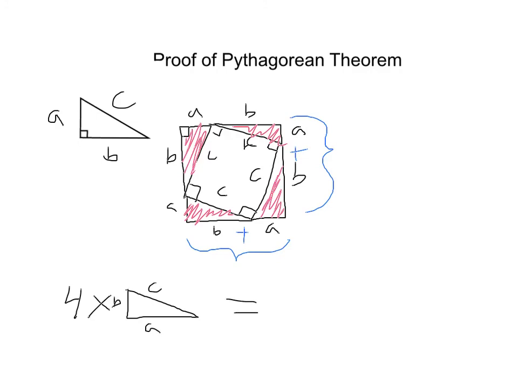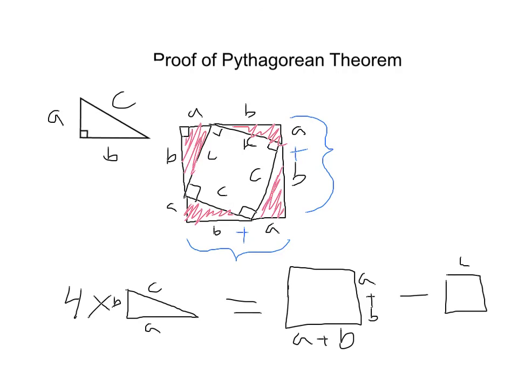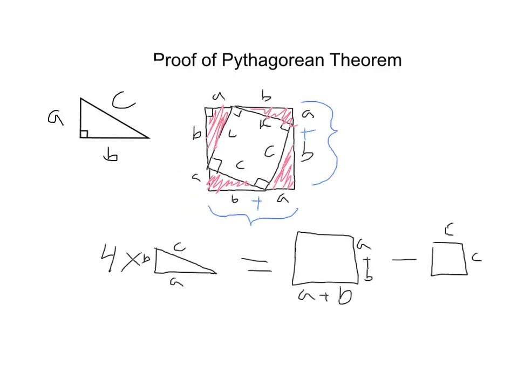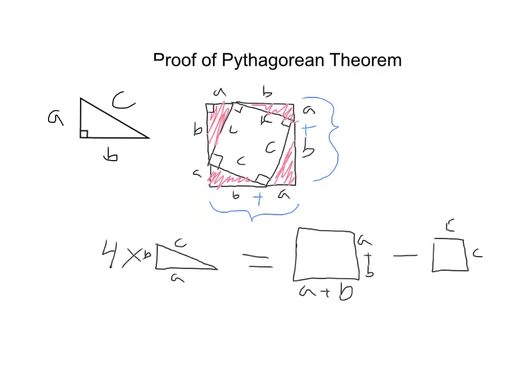And we're going to say that's equal to the area of the really big square, that's A plus B and A plus B, minus the smaller square, that is C by C, right? No one would argue that that's true. We could find the area by adding up the 4 red triangles, or we could find the area by taking the big square and subtracting the small square, okay?